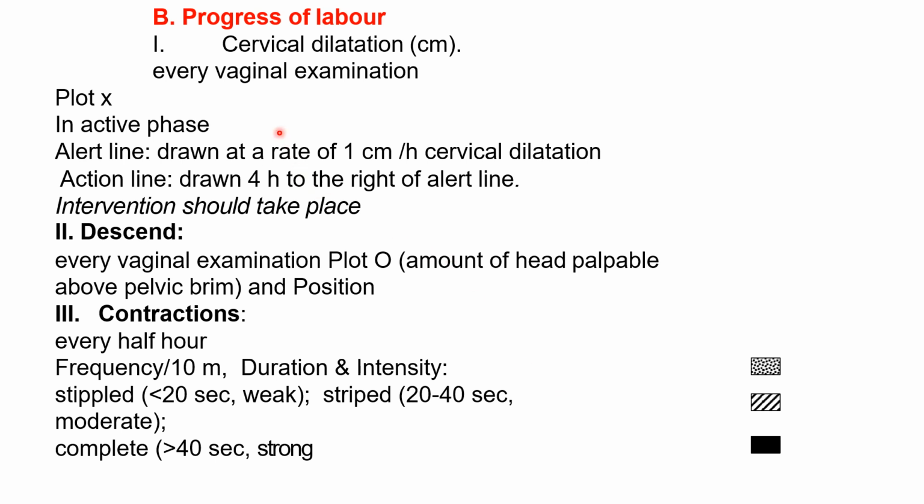Next, we can go to the progress of labor. Record the cervical dilatation in centimeters at every vaginal examination, and plot it with an X mark. If the cervix is less than 4 centimeters dilated, you have to mark it in the latent phase. If it is after 4 centimeters dilatation of the cervix, you have to mark it in the active phase.